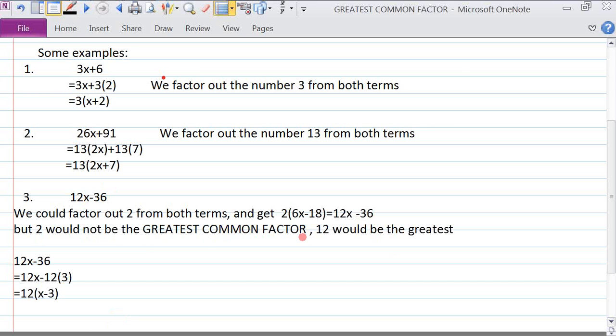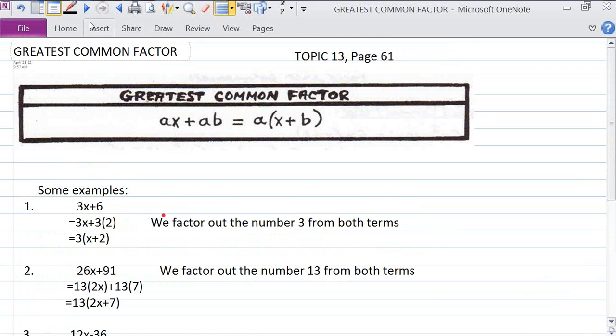But 2 would not be the greatest common factor. 12 would be the greatest. So you could see that I could write this as 12 times x, and instead of 36 I could write 12 times 3. 12 is common to both of these, and 12 times x gives me the 12x, and 12 times minus 3 gives me the minus 36. So 12 is the greatest common factor. If we took out 2, we would not be taking out the greatest common factor.